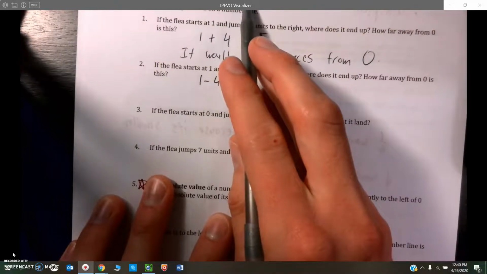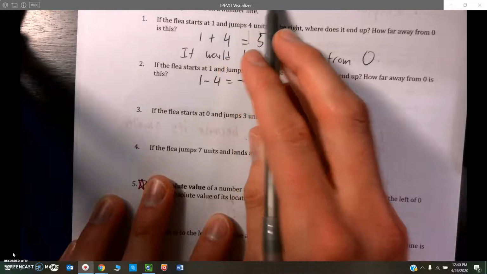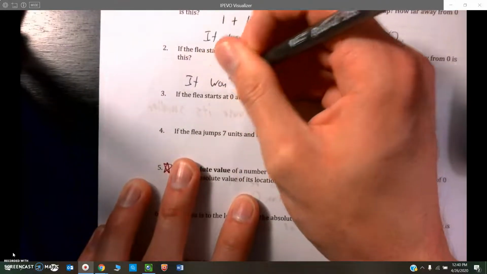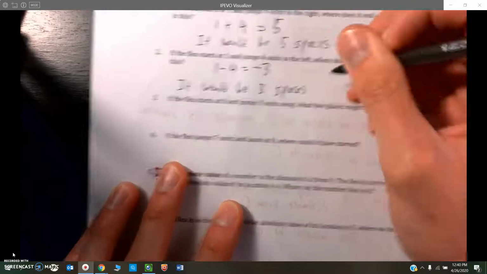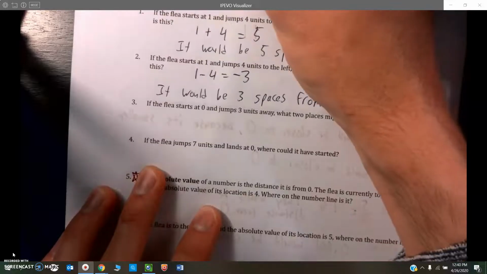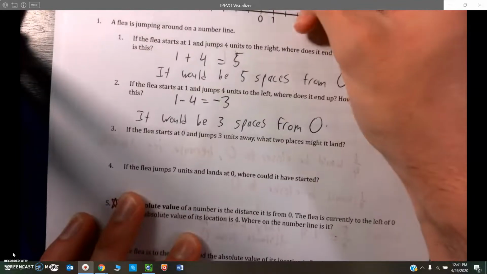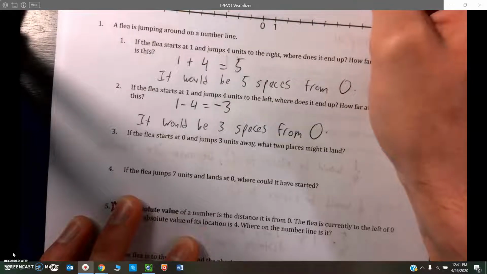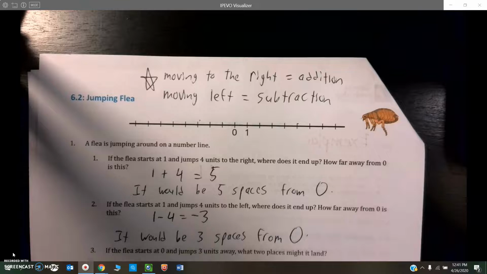Well, -3 is 1, 2, 3 units from 0. So once again, moving left is subtraction. The negative numbers are to the left on the number line, and the positive numbers are to the right.